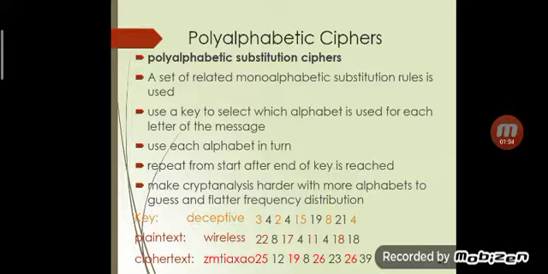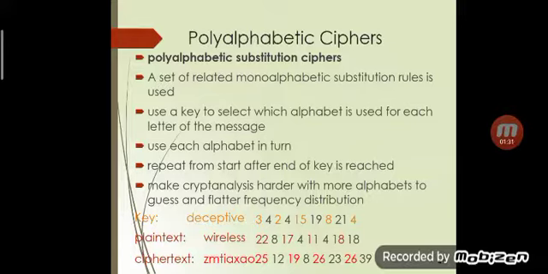We apply a particular key to our plain text, and we can use different keys along with the plain text. By using this key, we can encrypt our plain text and convert it into the ciphertext using polyalphabetic ciphers.